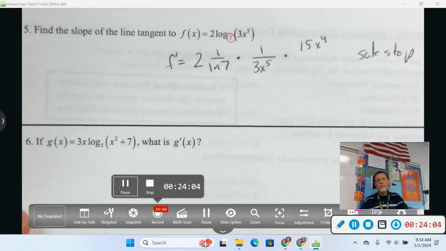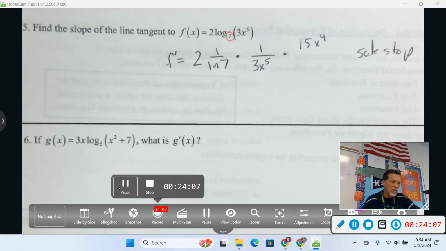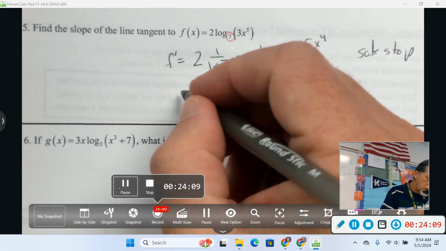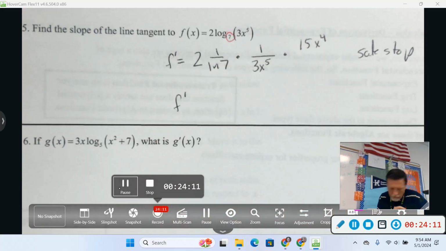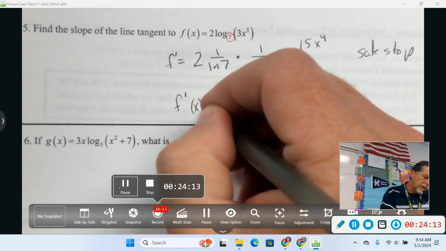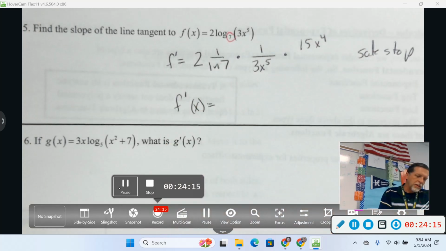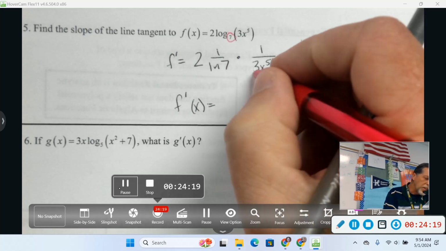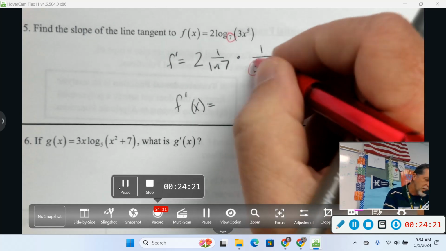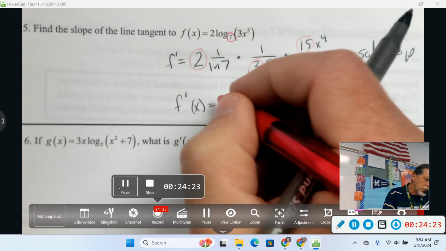But there's some algebra to go here. Let's see. How many algebra steps can we do at once here? 15 over 3 is 5. Times 2 is 10.